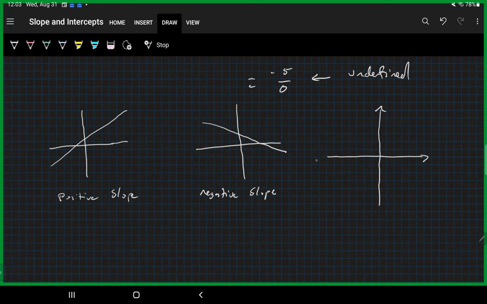So be a little more careful in this one. If I have a line that goes straight across horizontally, that's 0 slope. So m would be 0 for the line that looks like that.